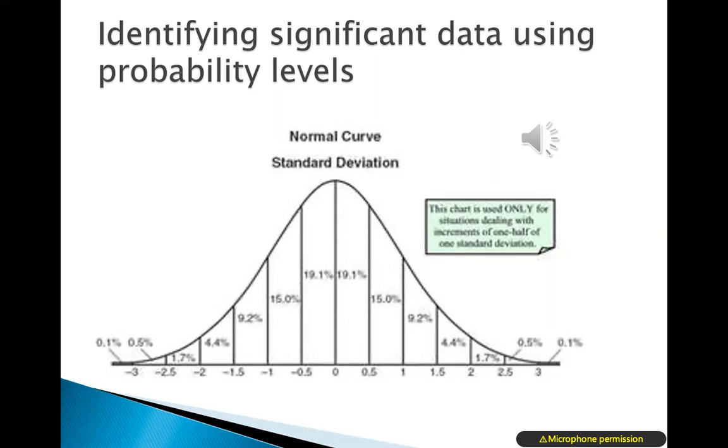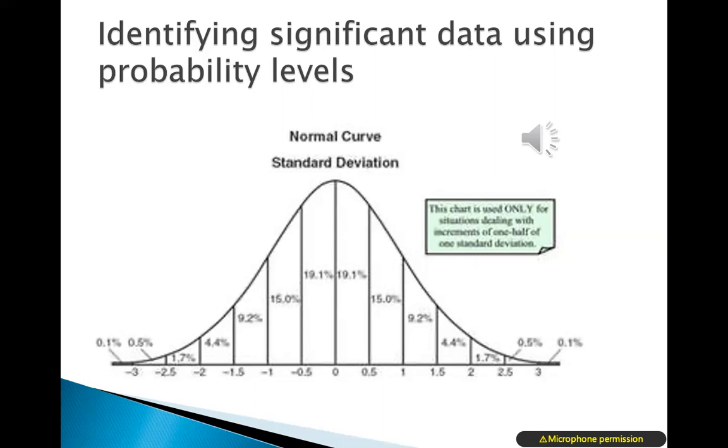So for instance, they can determine how much data is within one standard deviation above and below the mean. If you add the numbers there, 19.5% of the data is a half of a standard deviation above and below. 15% of the data is another half of a standard deviation above and below. So if you add all of that, then 68% of the data is within one standard deviation above and below the mean.